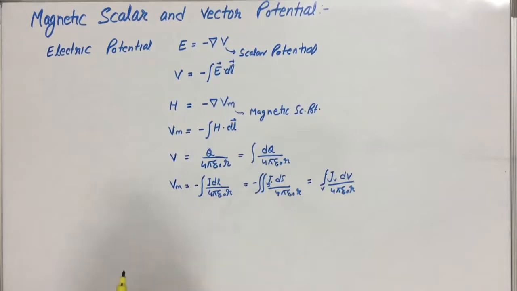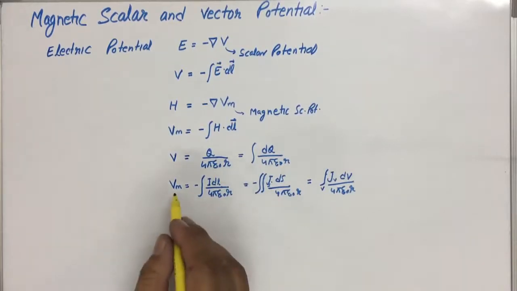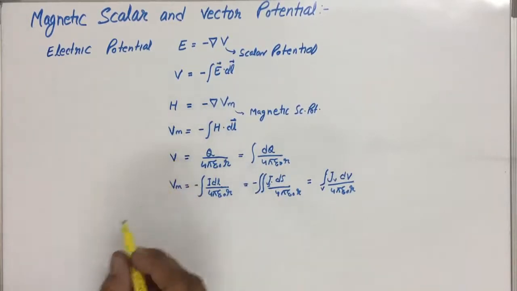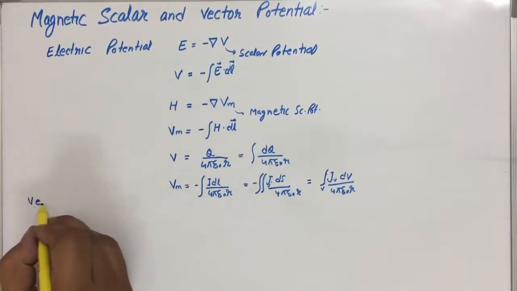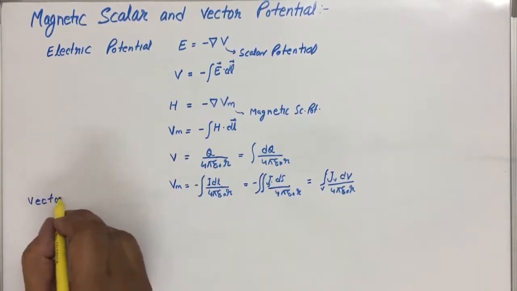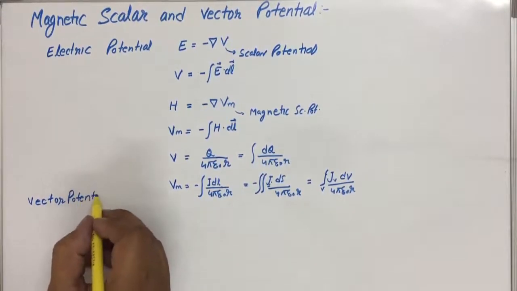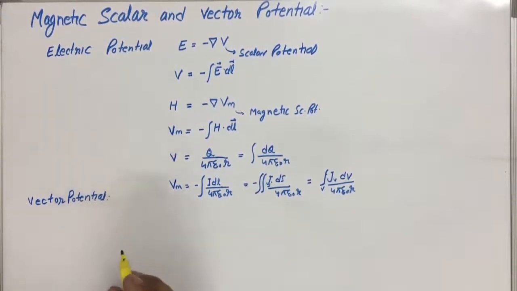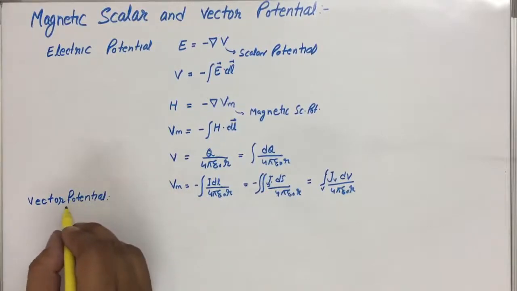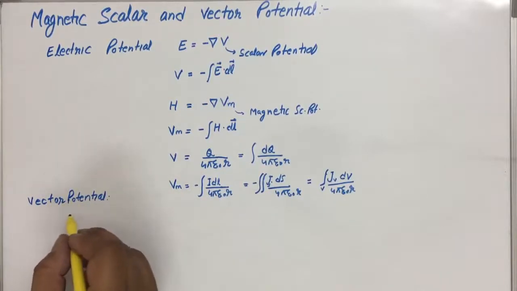And now let us see vector potential. These are scalar potentials. Now if we wish to find the vector potential, we should recall some identities.